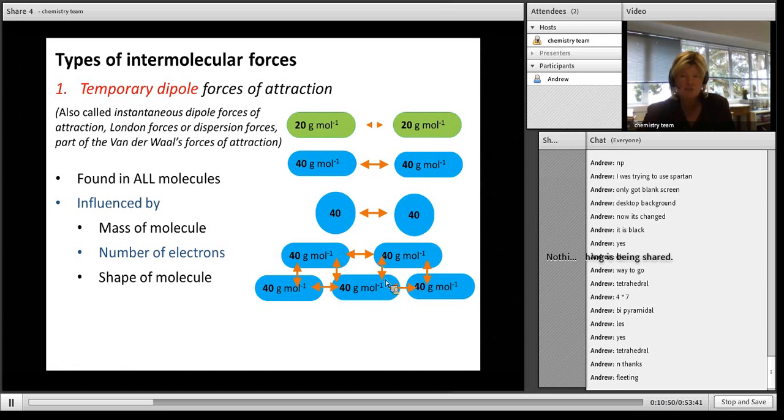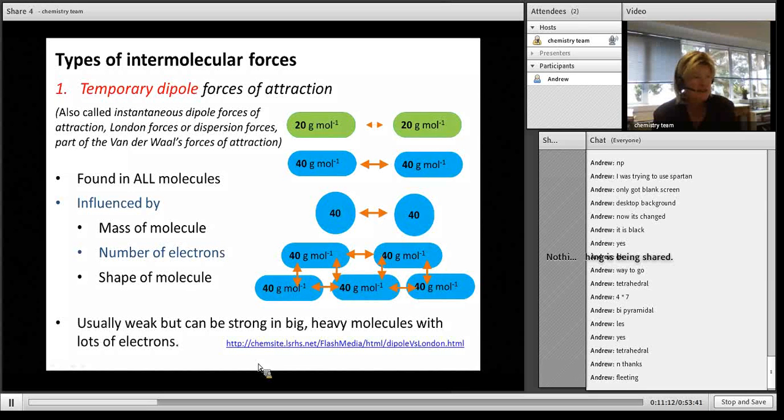They can pack more closely, so each one might be the same strength, but because there's more of them, it means I've got to break more of those forces of attraction if I want to do anything with them. So overall, I'm going to need more energy. Overall, there's going to be a stronger attraction, just from more numbers.